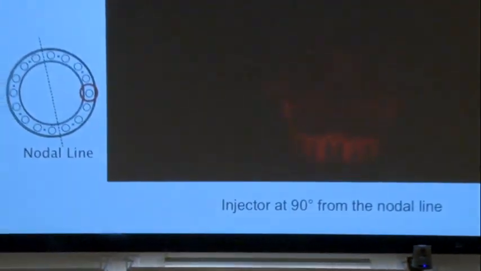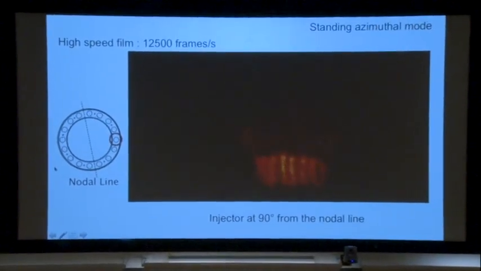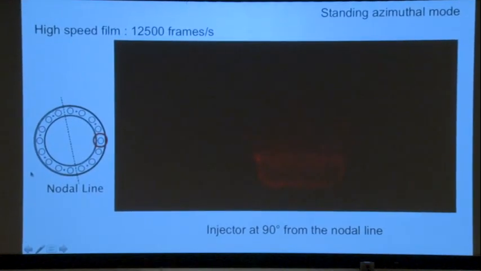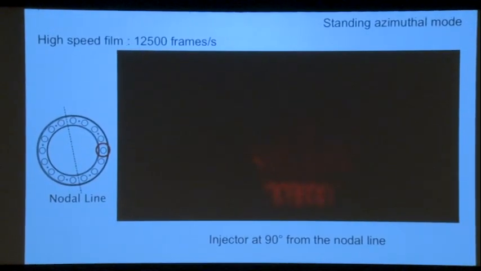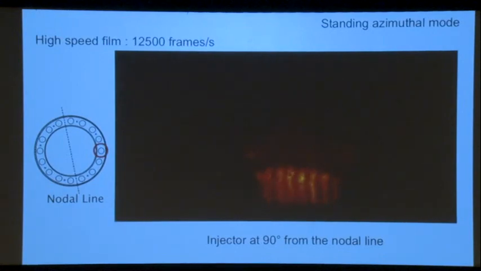Let's go now to the other case where you are perpendicular to the nodal line. And here you see that the flames are changing very strongly when you are in a region where the pressure fluctuation is large. And of course, it looks a little bit like what we've seen before for these matrix burners.